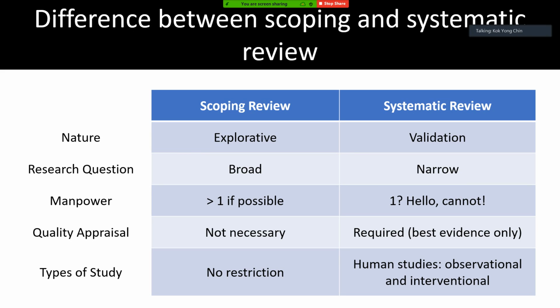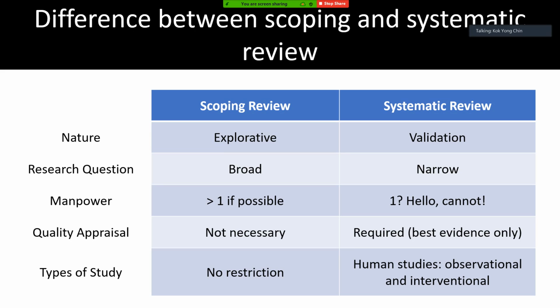You already have a lot of studies in this field, and you want to gather everything under one roof, and then look closely at whether this effect, this phenomenon is real or not, or whether this intervention is effective or not. In scoping review, the research question is quite broad. You are gathering every type of evidence under one roof. But for systematic review, the research question needs to be very clear.